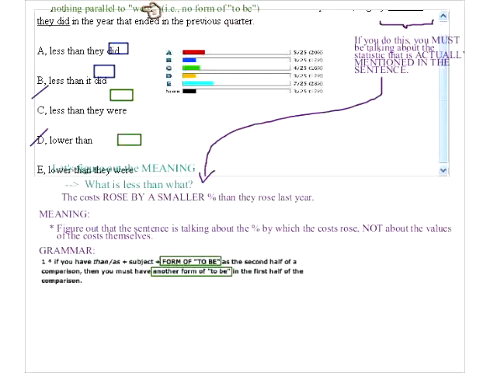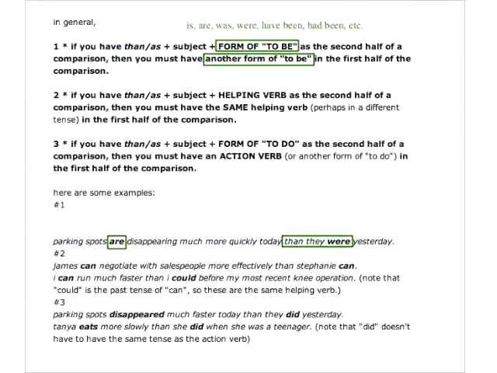Okay, now let's talk about they did or it does. So back to here. Parking spots disappeared much faster than they did yesterday. Tanya eats more slowly than she did when she was a teenager. So then they did, then she did.